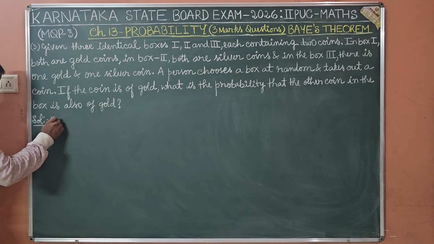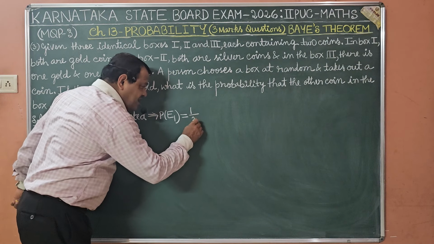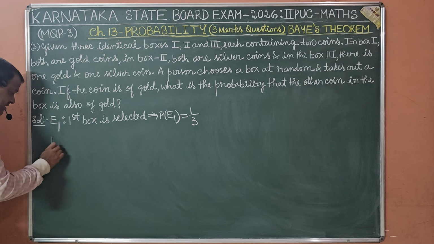Say event E1: first box is selected. What is the probability of occurrence of event E1? How many boxes are there? 3 boxes. In that first box, so numerator 1. So, 1 by 3.